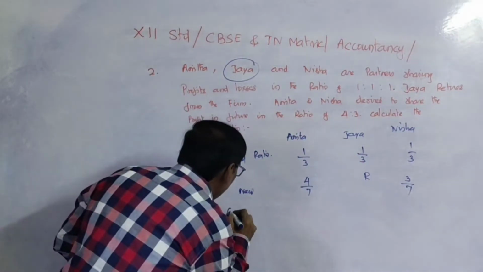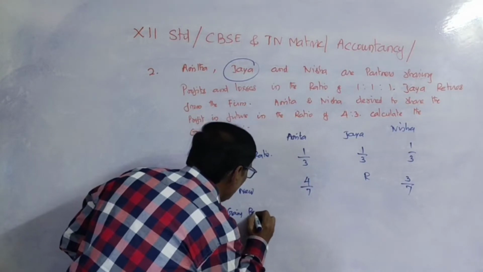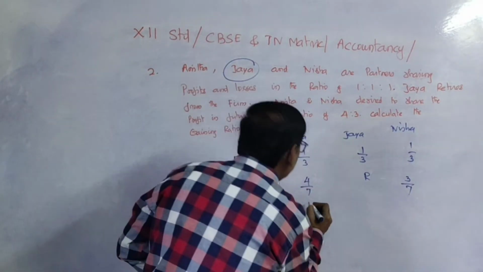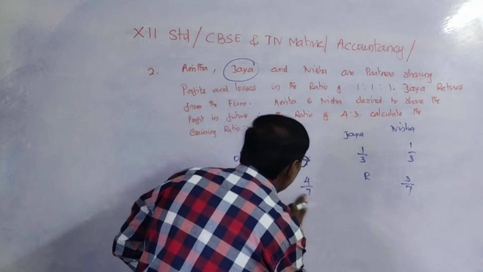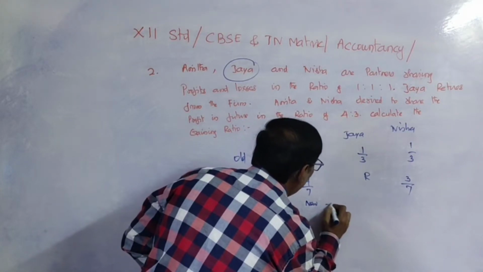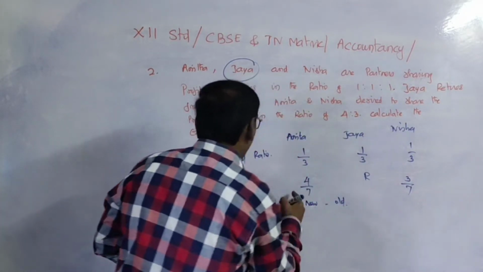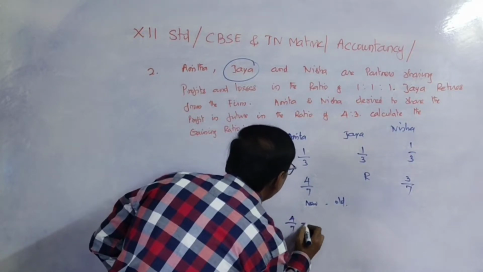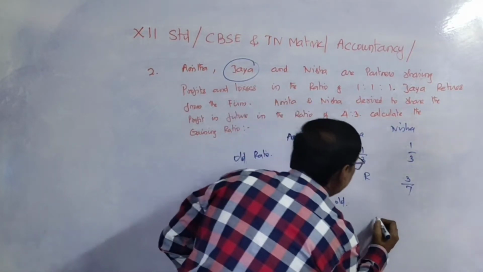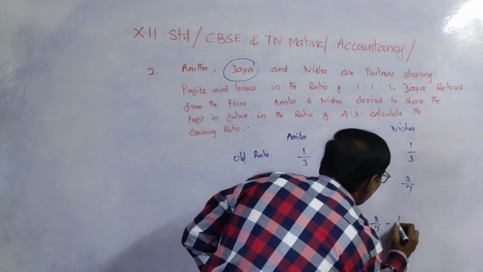So the gaining ratio will be new minus old. For Anita, 4/7 minus 1/3. For Nisha, 3/7 minus 1/3.